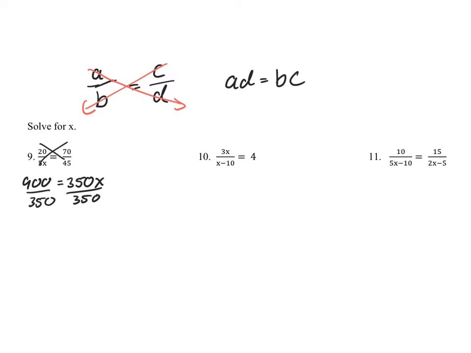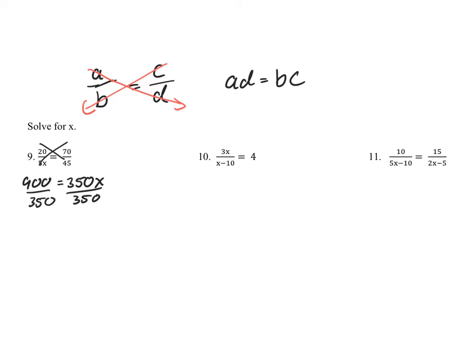So if you get a decimal like 2.5, it's okay to write your answer as 2.5. But if you get a decimal like this, where it goes on for a long time, we don't want to round it. We would like to write the exact value, which means we're going to write it as a fraction instead of a decimal. So if on your calculator you can convert to a fraction, that's awesome. Go ahead and do that.